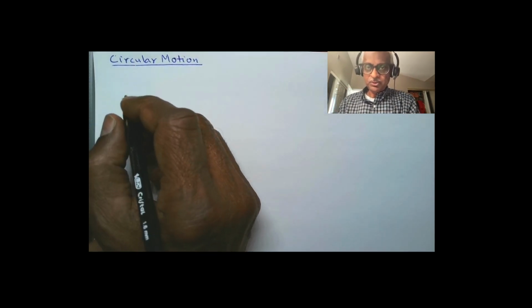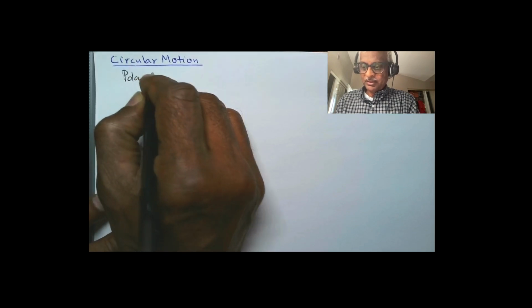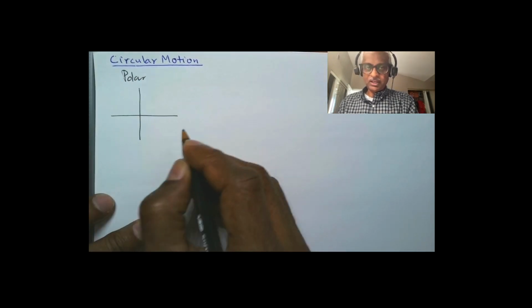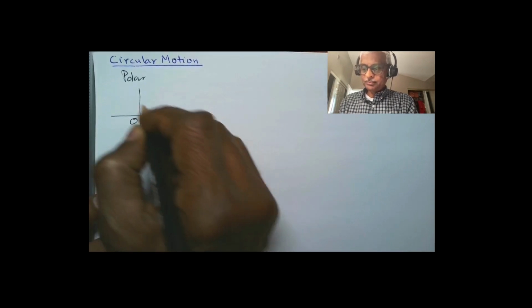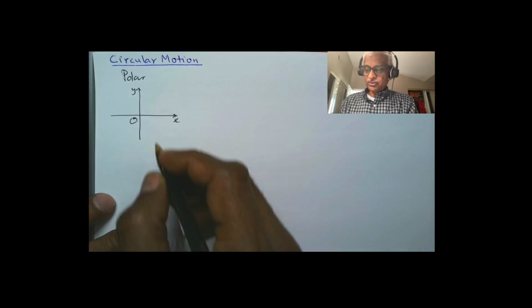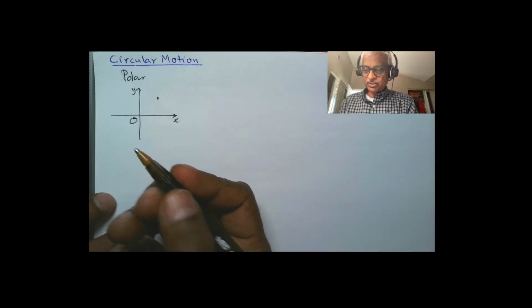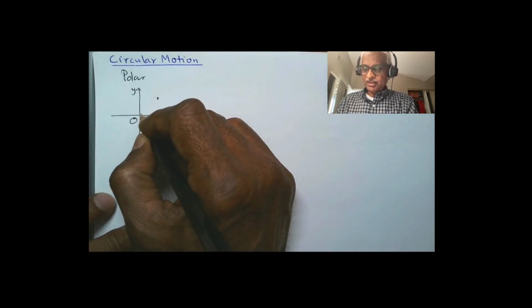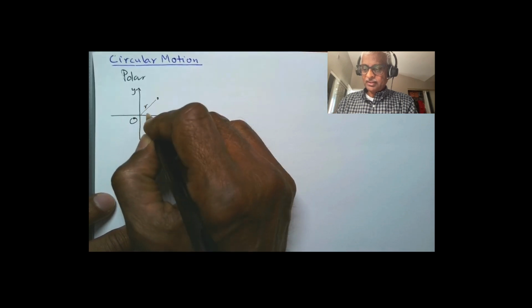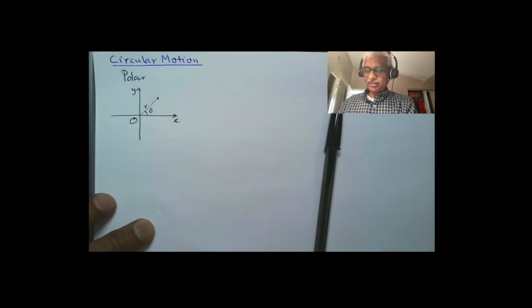Just to remind you what the polar coordinates are: you start with your regular Cartesian coordinates. If you have a point here and you want to look at its position, so there's a particle there at some time t, then you use this distance r and this angle theta to denote the position, and that's actually sufficient.